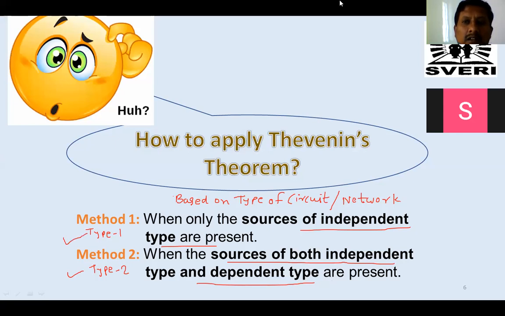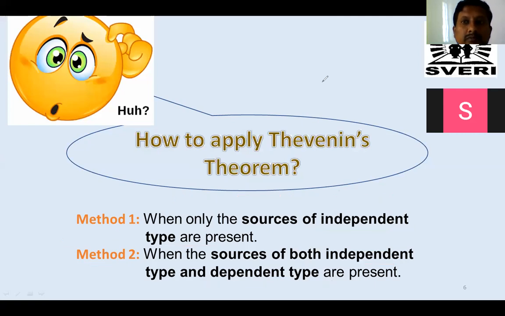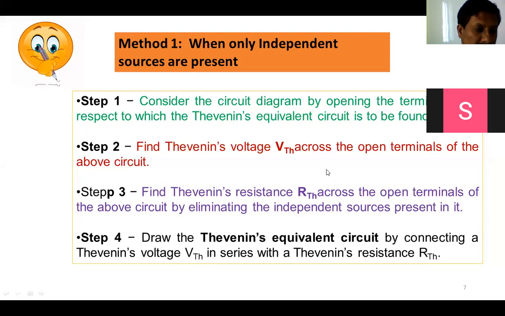We will now discuss the procedure. Method 1 we can discuss first. Step 1: consider the circuit diagram by opening the terminals with respect to which Thevenin's equivalent circuit is to be found. What we have to do is observe the circuit carefully and identify whether this problem belongs to type 1 or type 2. How to identify?